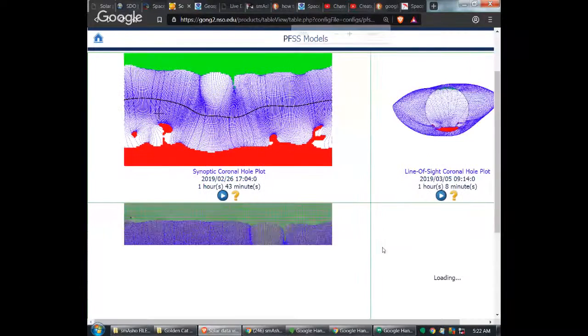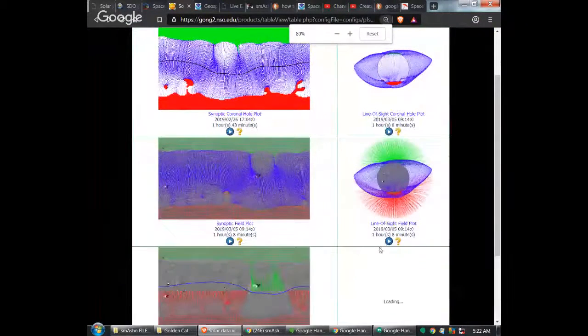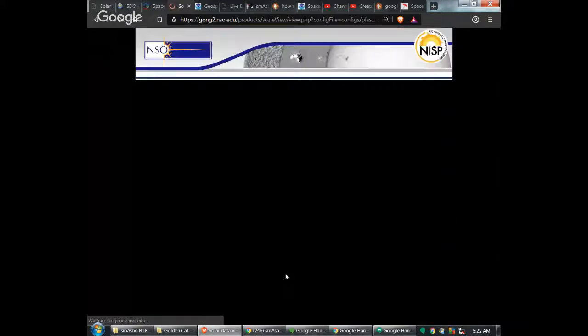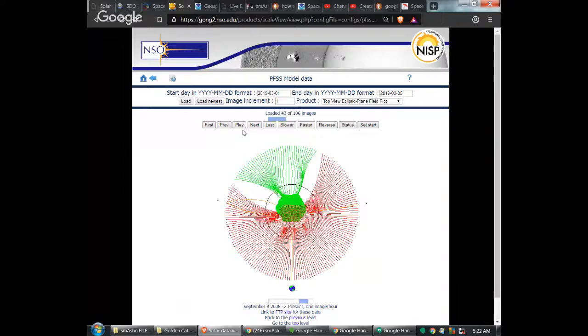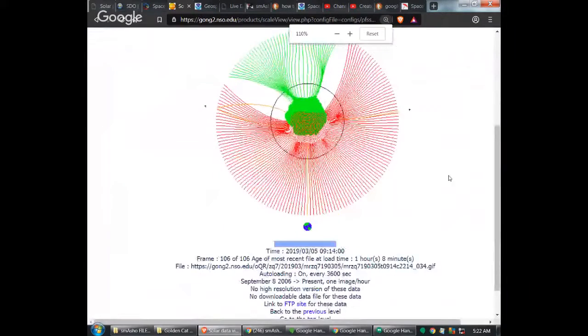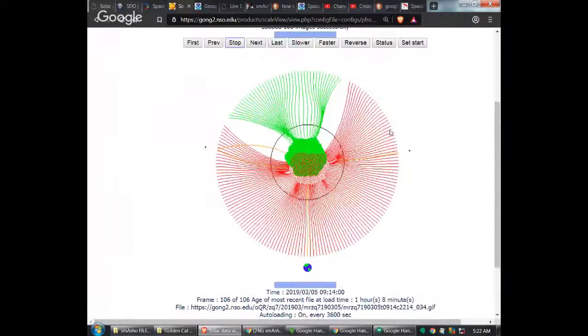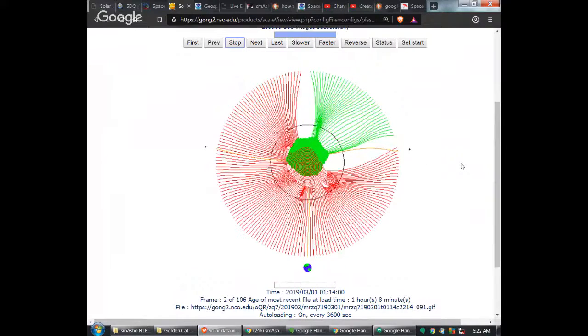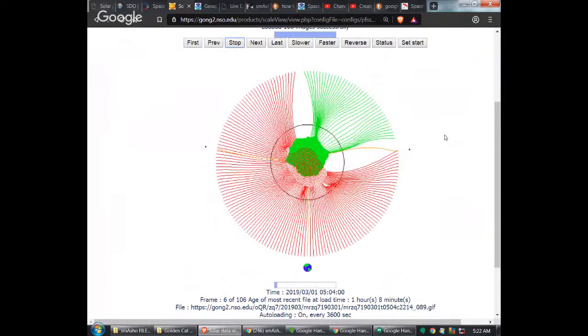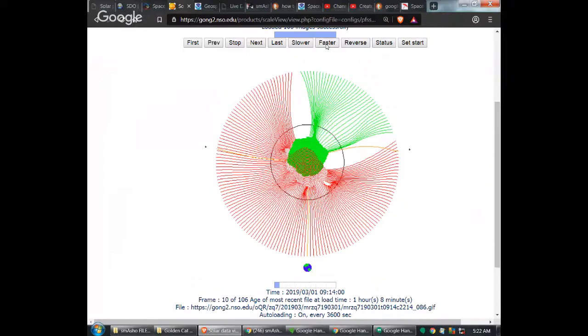Next, let's look at the GONG 2. We'll just do the regular top view ecliptic plane field plot here. There's the data on that. Keep in mind it's an hour and 8 minutes old.